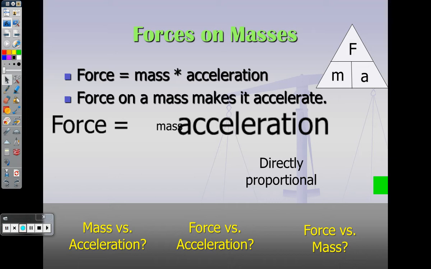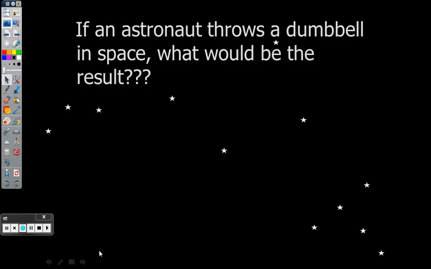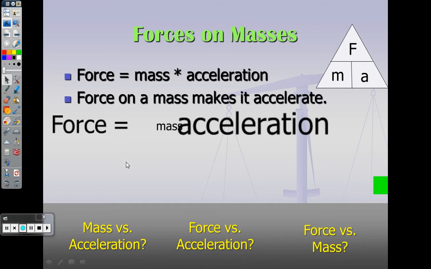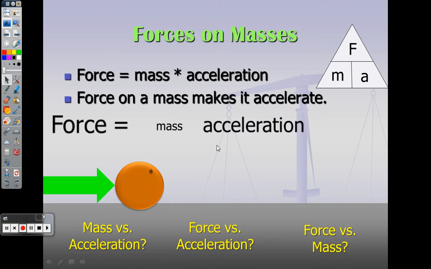And what do you think the relationship between force and mass is? Well, let's look at this. If we keep the acceleration where it is, and increase the mass, acceleration is going to stay the same.